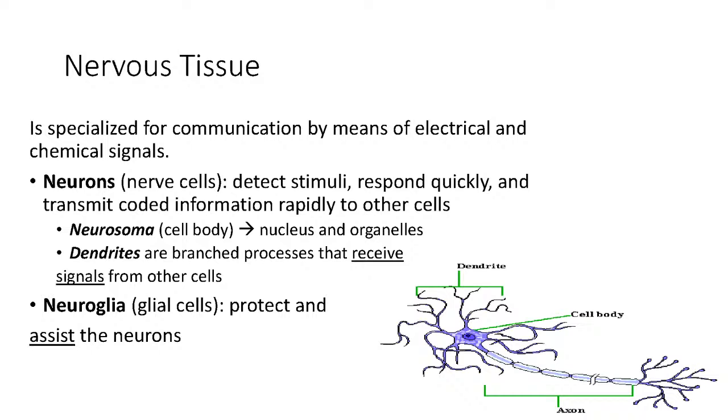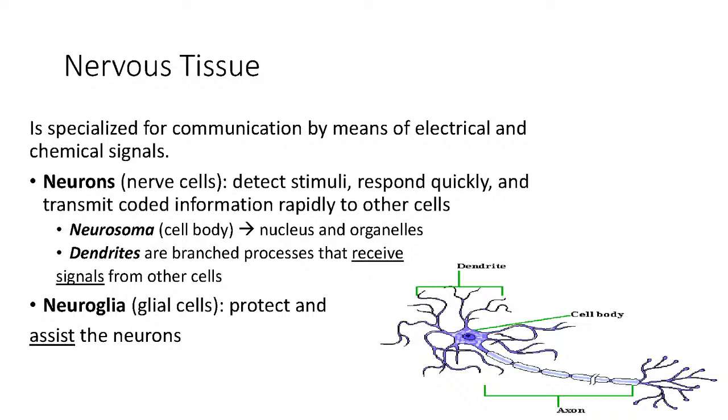So the stimulus, as soon as it ends, the response ends. If you compare that to the endocrine system, it takes a lot longer to produce hormones and release them. It takes a lot longer for hormones to circulate throughout the blood. And then you can stop secreting hormones, but they're still in the blood and the tissues. So turning off that response is going to take longer in the endocrine system.